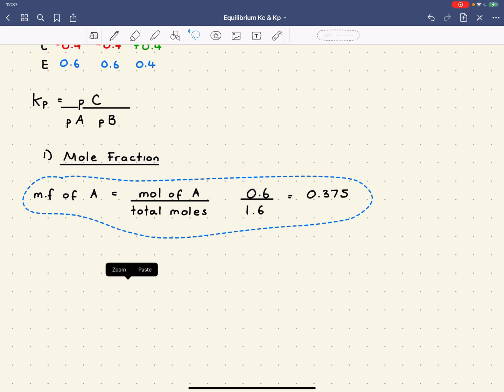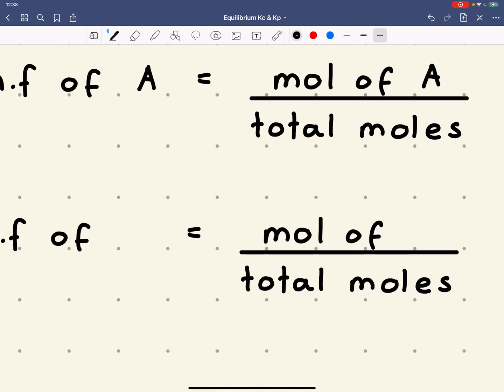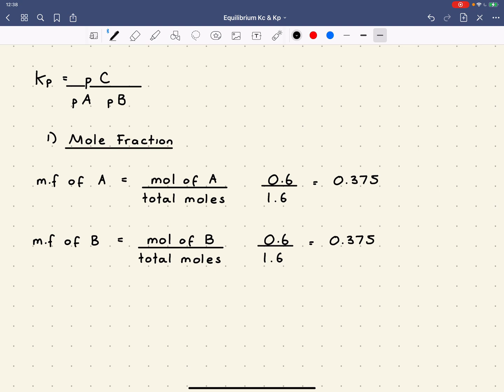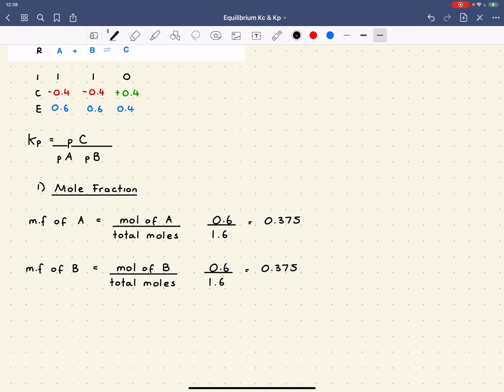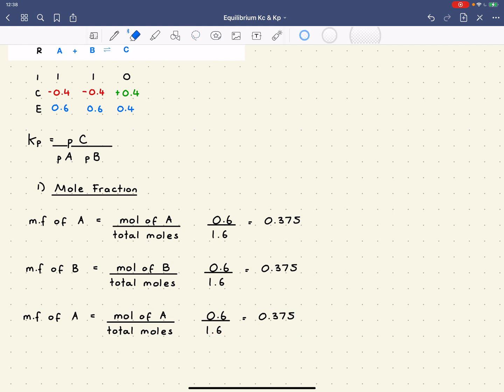I'm just going to copy this because it's basically the same. The mole fraction of B is exactly the same. We can see that it's also 0.375. Mole fraction of C, again, we work it out in the same way.